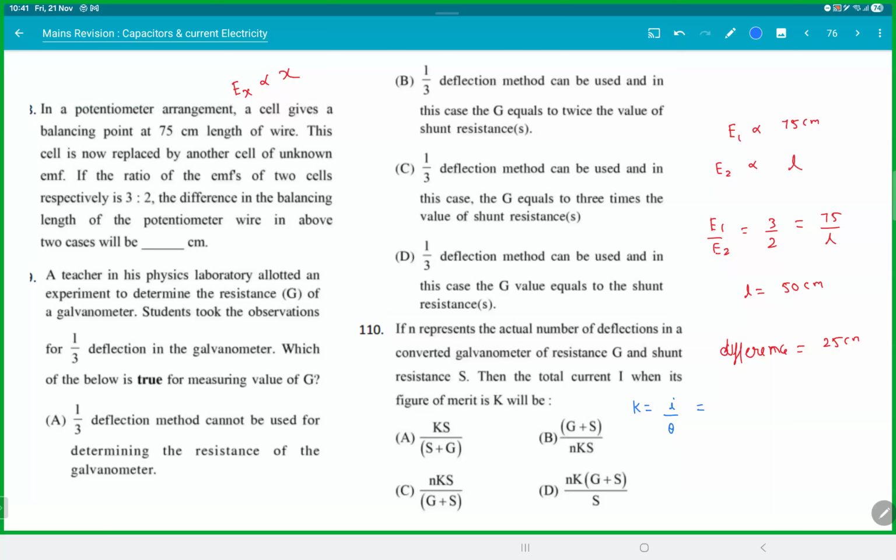I need to check this out, I guess. Basically n is the number of divisions.